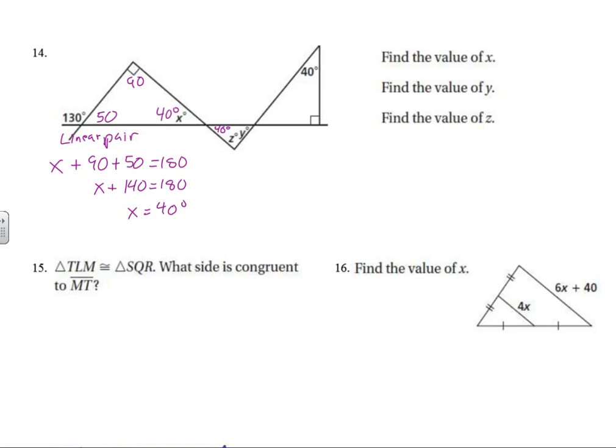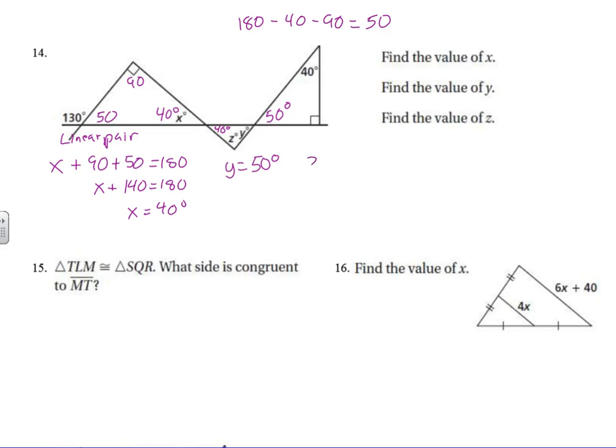What do we have going on over here? We've got two angles in a triangle. So 180 minus 40 minus 90 would equal 50. So this angle over here would be 50 degrees. That means y is a vertical angle with that, so y would equal 50 degrees.